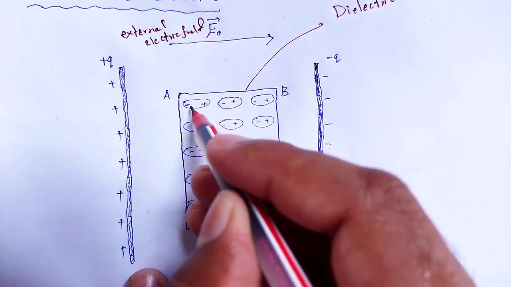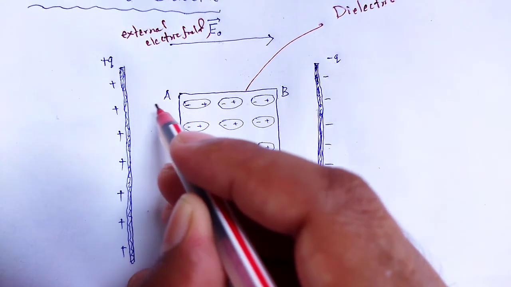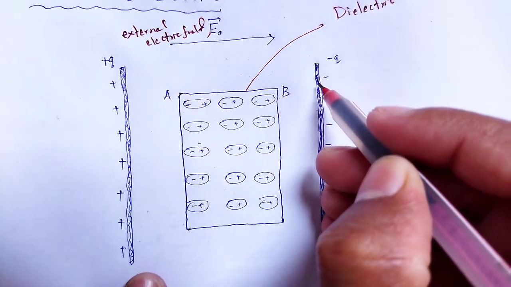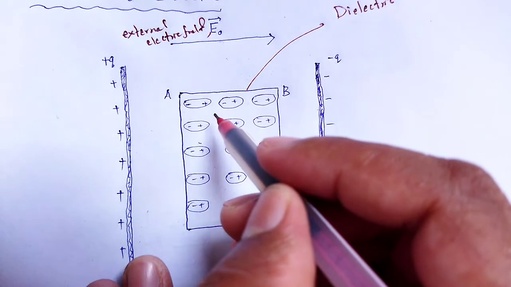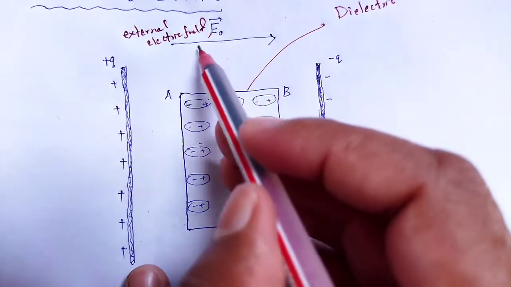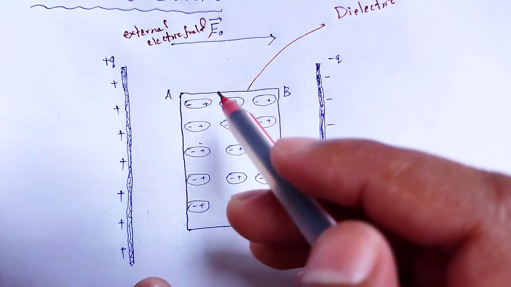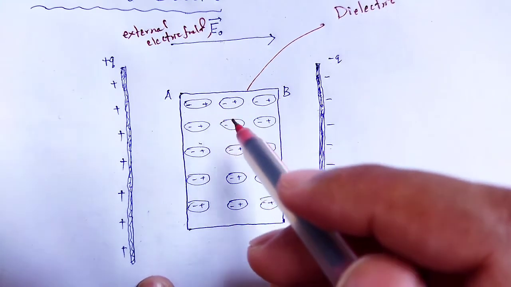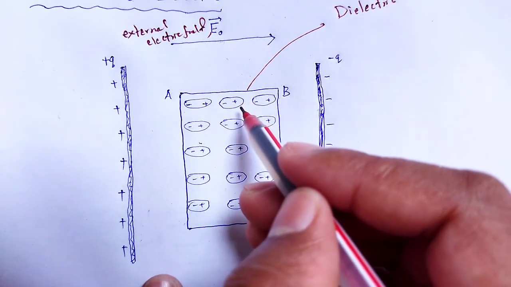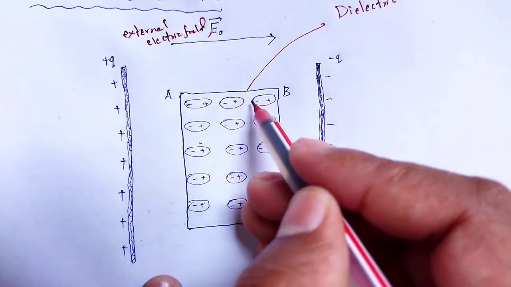Look here, the negative charge towards the positive end and positive towards the negative end, and this will result in the alignment of dipoles along the direction of the electric field. The positive charge of a molecule inside the dielectric is followed by the negative charge of the next molecule, and so on.